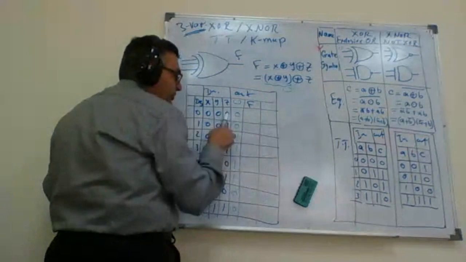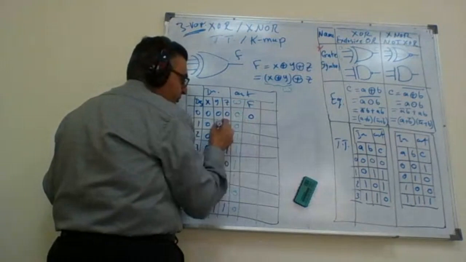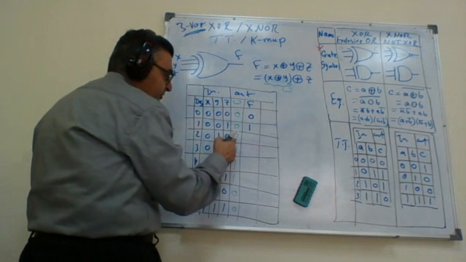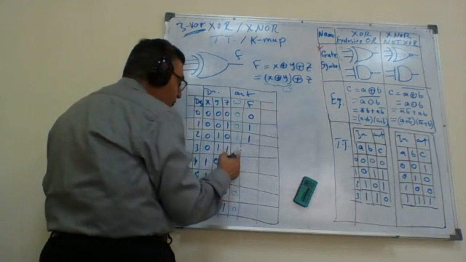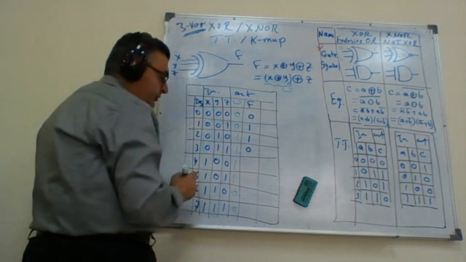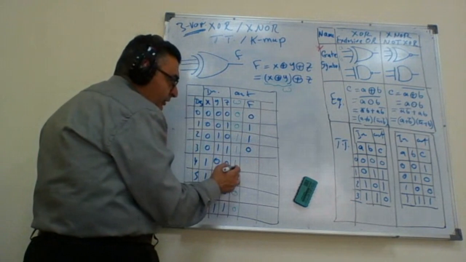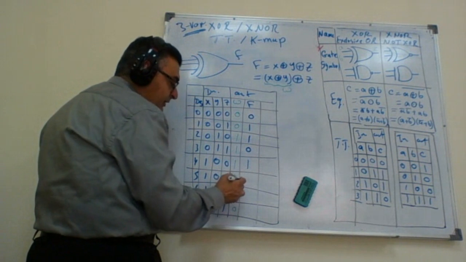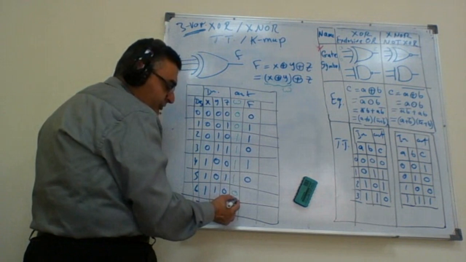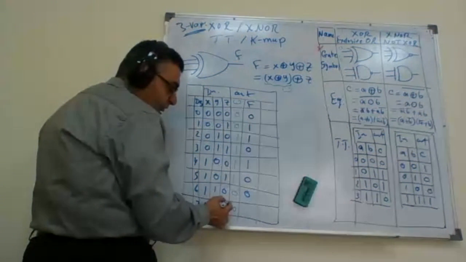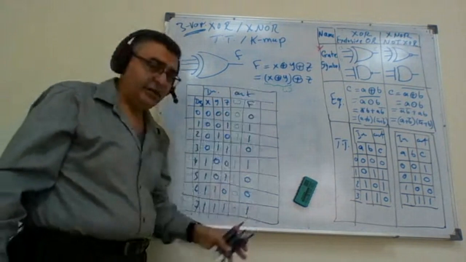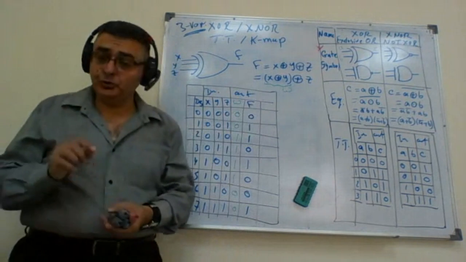Yes, I remember. 0 XOR 0 is 0. 1 XOR 0 is 1. 0 XOR 1 is 1. 1 XOR 1 is 0. Again, 0 XOR 1 is 1. 1 XOR 1 is 0. 0 XOR 0 is 0. 1 XOR 0 is 1.